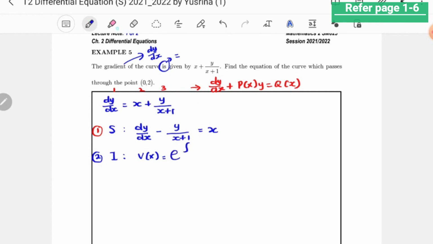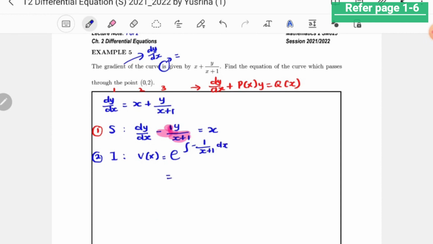P(x) means the coefficient of y, which is negative 1 over (x plus 1). Don't forget the negative.